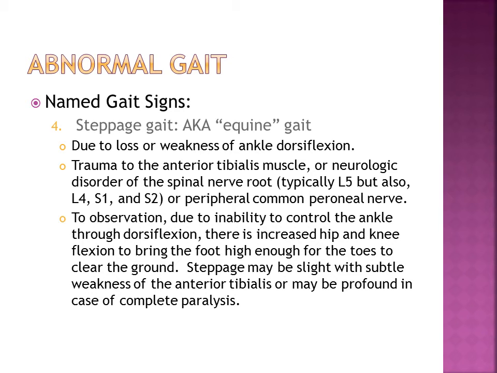Now, depending upon the level of weakness of the anterior tibialis muscle, the steppage may be very slight, exaggerated flexion of the hip and knee, or it may be very profound in the case of complete paralysis of the anterior tibialis muscle. The steppage may be markedly exaggerated, and that's when it becomes known as the equine gait.